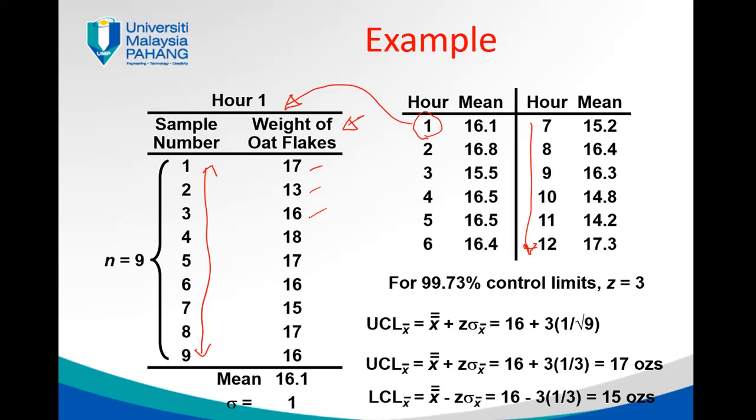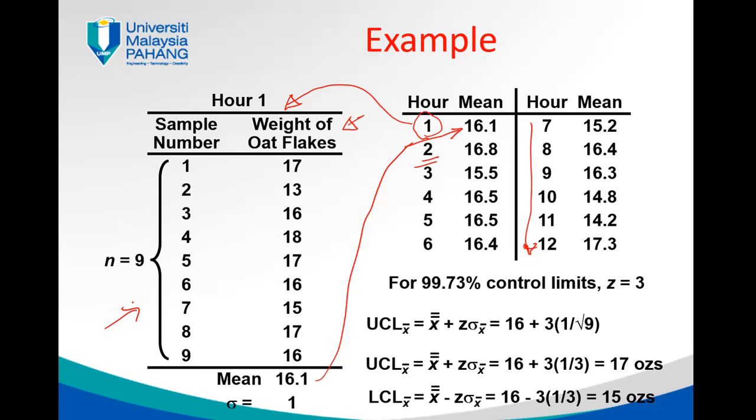From here we can calculate the mean. The mean of the first hour sample is put here. Then for the second hour, again we collect 9 sample data.